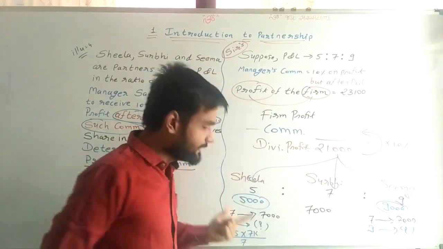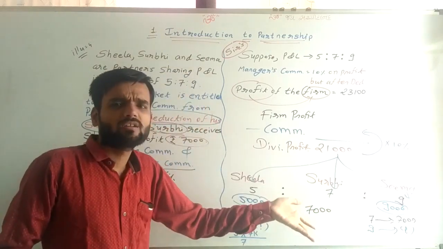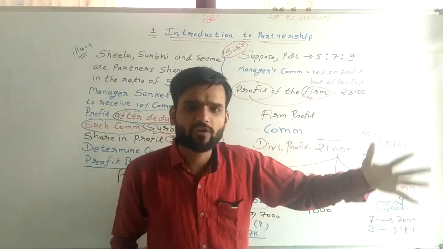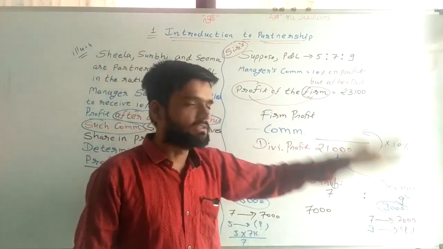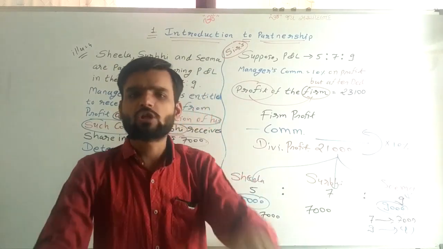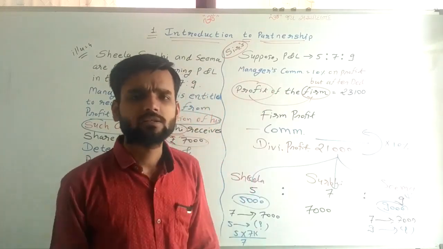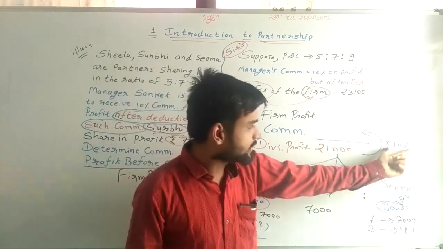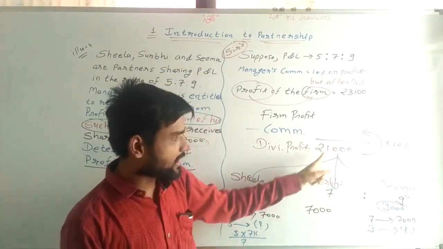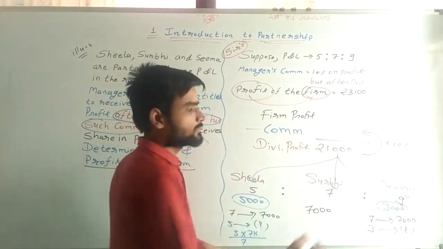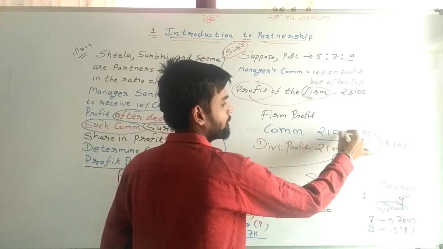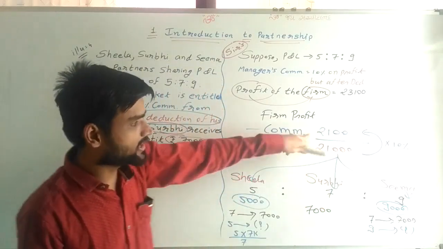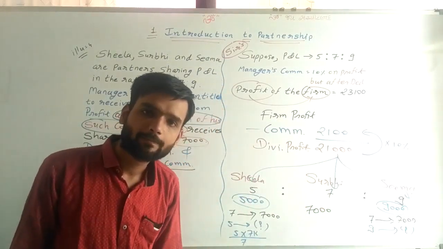The total of the partners' profit is called divisible profit. Now the sum becomes very easy. 10% of divisible profit, 21,000 into 10%, is my answer for commission. So commission is 2,100 rupees.